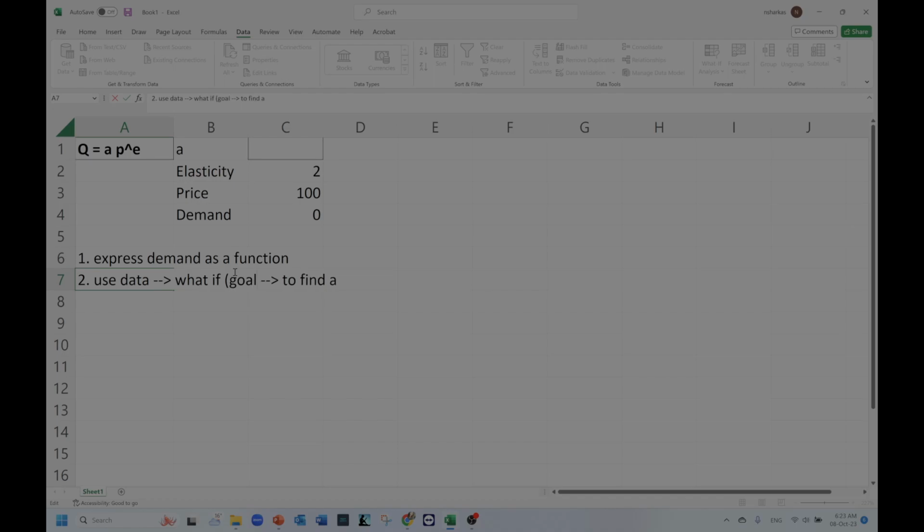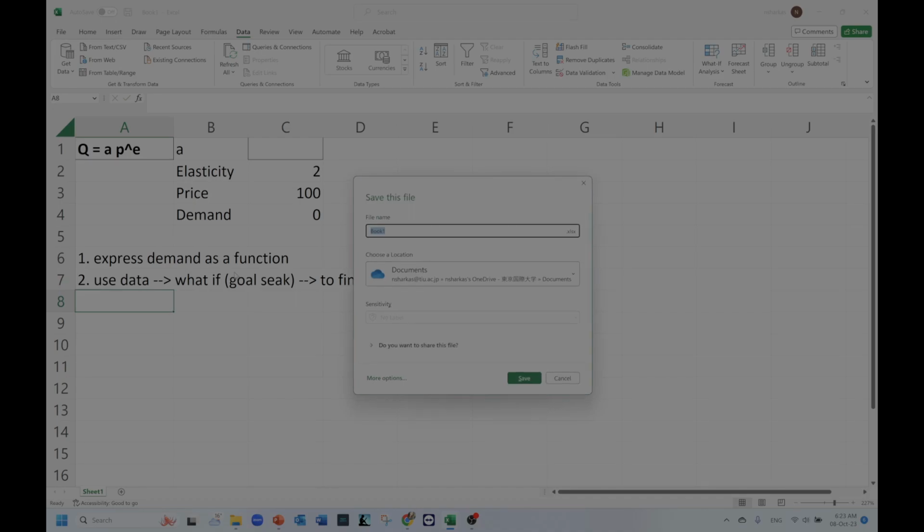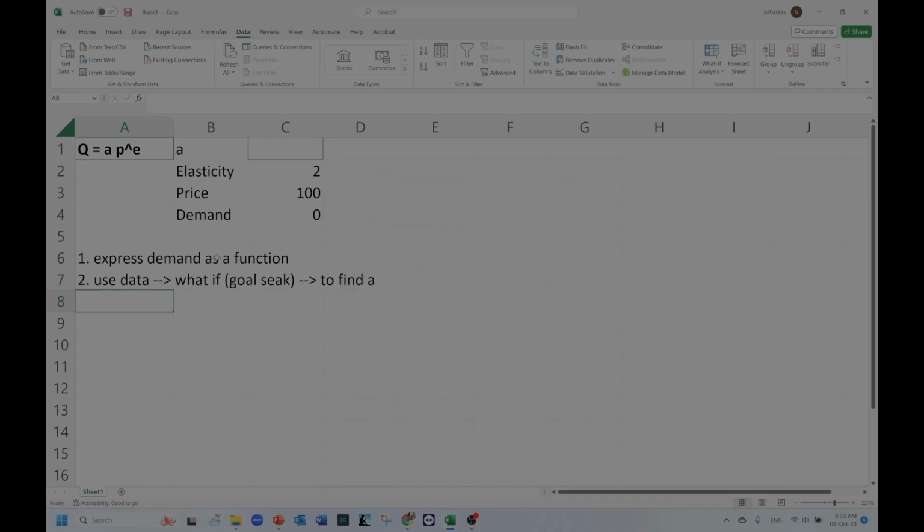Goal seek. So use data, what if, goal seek, and then set cell to value by changing.